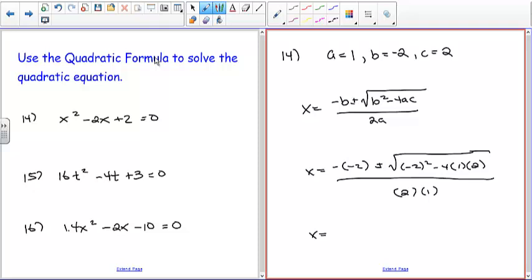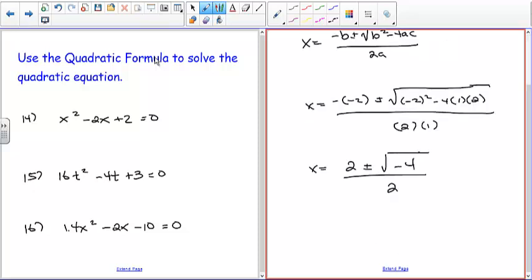So here we'll have a negative times a negative, so it's positive 2, plus or minus the square root of 4 minus 8. So that's negative 4, all divided by 2. And then we could write that as 2 plus or minus the square root of 4 times the square root of negative 1, all divided by 2.